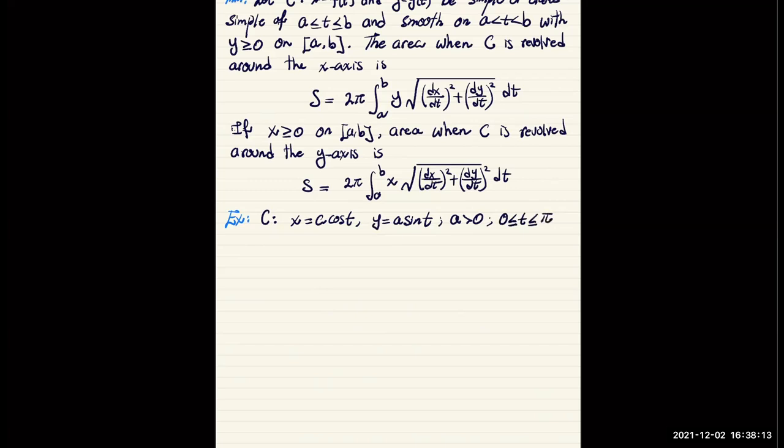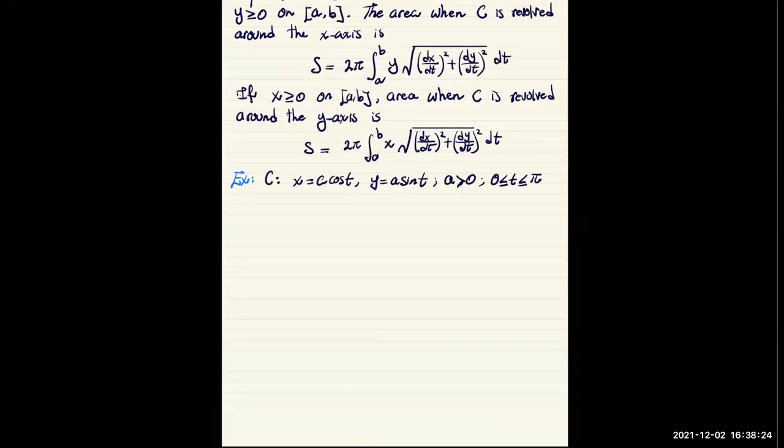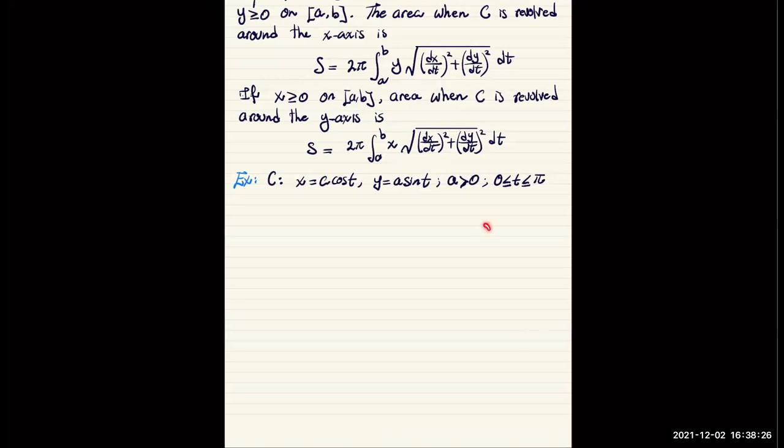That gives us a semicircle. We don't need to take a full circle and revolve that around the x-axis. It just doesn't make sense. Imagine we have a full circle, then y is sometimes negative, and that's not what we want. Down here, y is negative. So take your t from 0 to pi, and that gives you a semicircle.